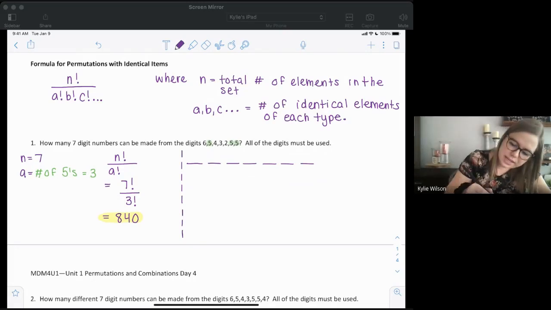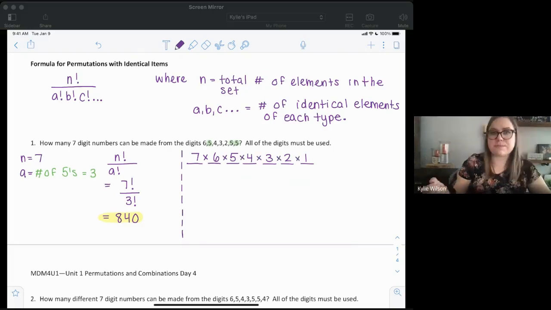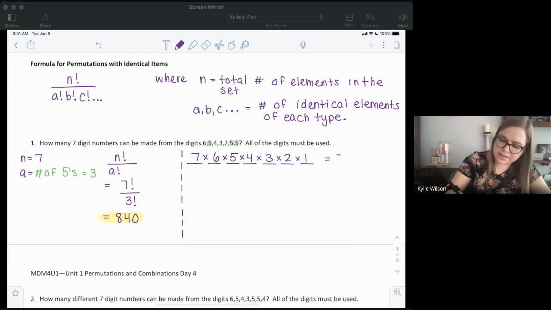So we would have 7 choices for the first number, and 6, and 5, 4, 3, and 2, and then 1. And because I need the first number and the second and the third and the fourth, I multiply them all together. So that gives me 7 factorial.